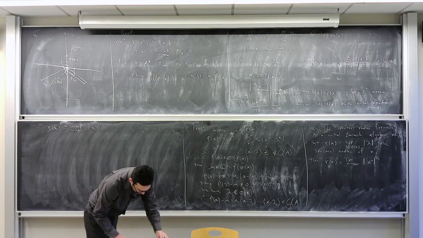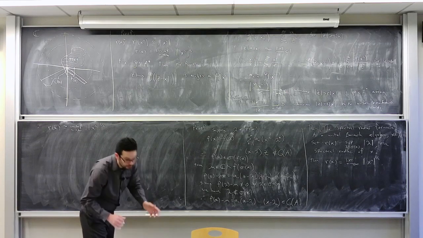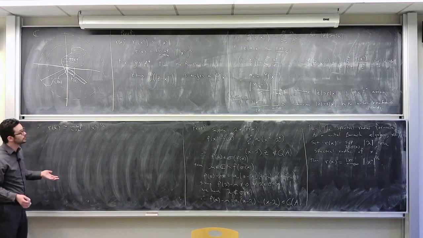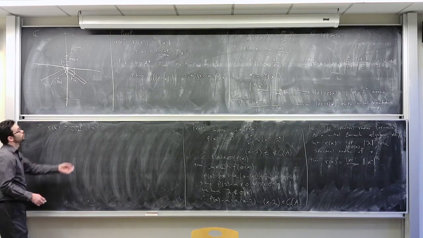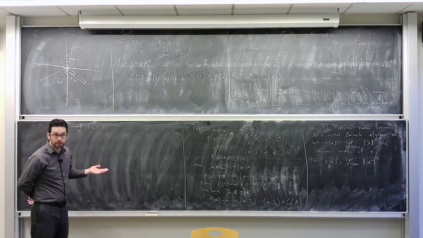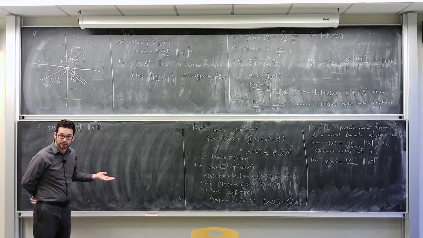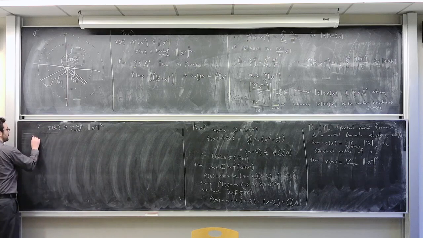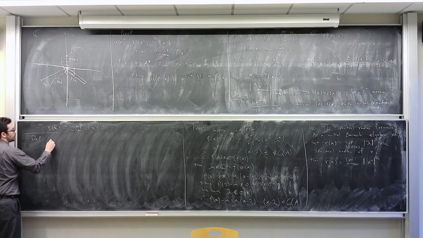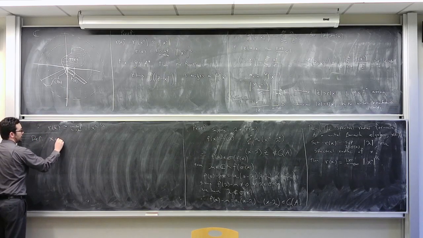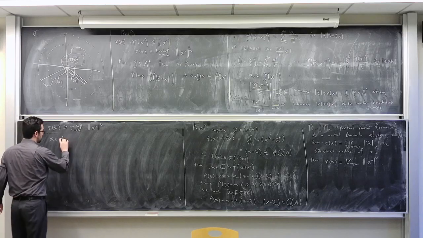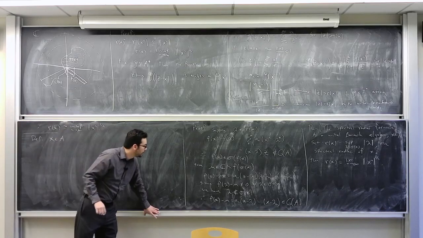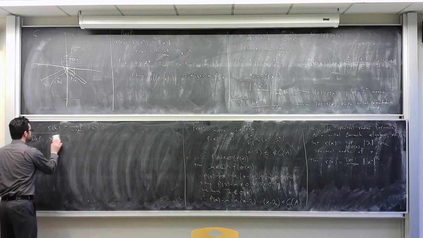It has a nice consequence, especially for C-star algebras, because in C-star algebras we know how to relate the norm of a power to the norm of the element in many situations. So specifically, here's a definition. We'll say that x in A, so at this time we need a Banach algebra with an involution.